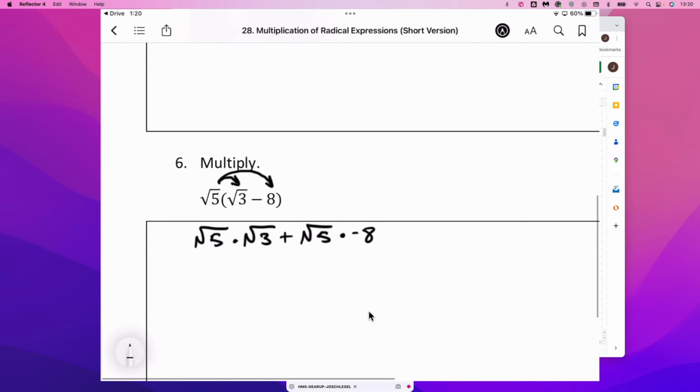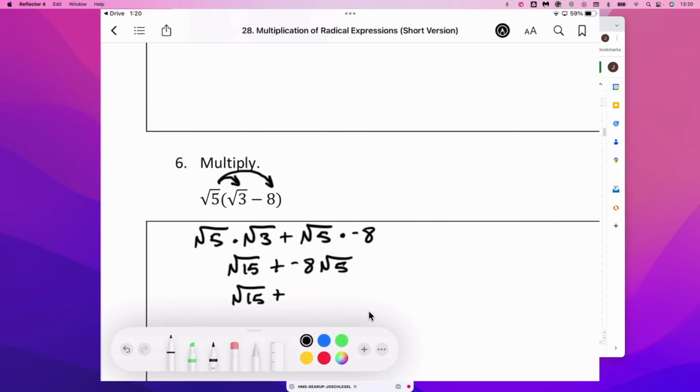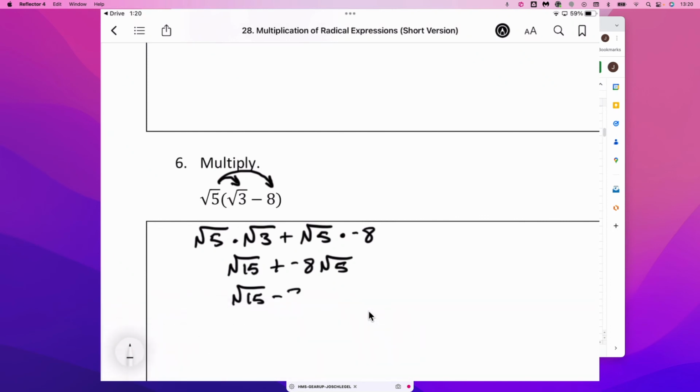And so here we get square root of 15 plus a negative 8 square root of 5. If we clean our signs up, we get square root of 15 minus 8 square root of 5.